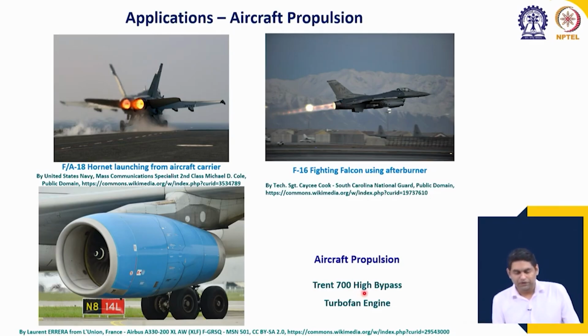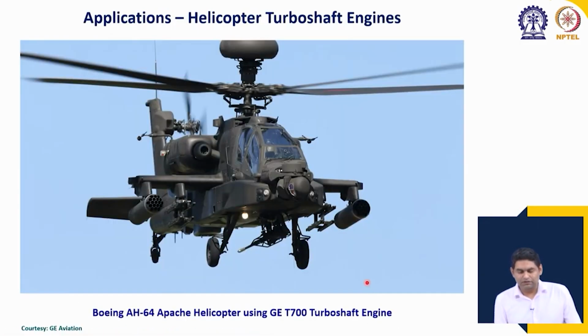Okay. But for this type of application, helicopters, there is no jet stream. So, here the momentum change occurs in the air due to the running of the propeller itself. Okay. So, this type of aircraft engines are also there, which are known as turboprop engines, but here the propellers are mounted in the perpendicular direction.